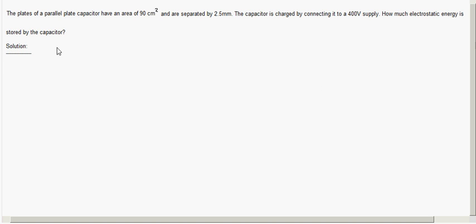Now let us read it. The plates of parallel plate capacitor have an area of 90 centimeters square and are separated by 2.5 mm. The capacitor is charged by connecting it to a 400 volt supply. How much electrostatic energy is stored by the capacitor? So let us first write the given things. Given area of the plates as 90 centimeters square.